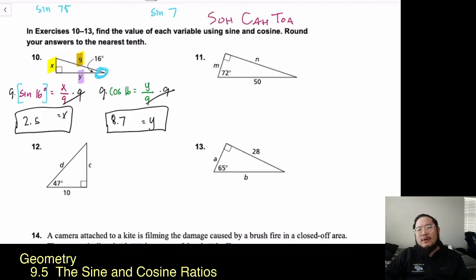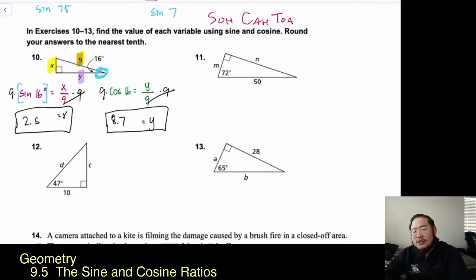I don't recommend that, because then what you're using is a rounded number to help find another answer that's going to be a rounded number, right? Because 2.5 is actually rounded to the nearest tenth. So for the sake of being as accurate as possible, I do not want you to use rounded numbers at all. There are ways to find these answers without using an answer that's already rounded, unless you're able to use the exact value.